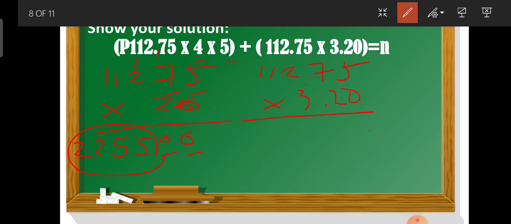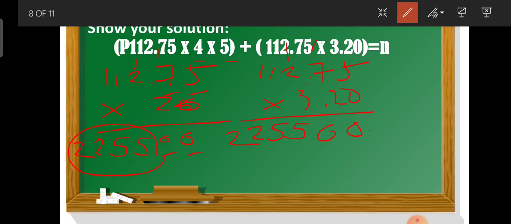So that's 0, so we can just put 0 here, and then we proceed on the next digit. 2 times 5 is 10, so we write 0, regroup 1. 2 times 7 is 14 plus 1 is 15, so write 5, regroup 1. 2 times 2 is 4 plus 1 is 5. 2 times 1 is 2.